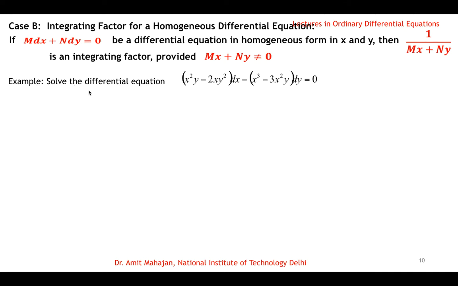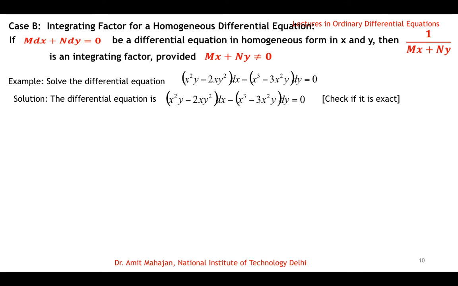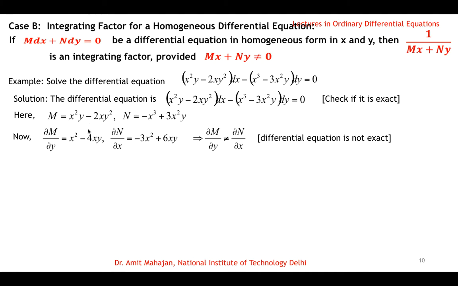Say for example, solve the differential equation x square y minus 2x y square dx minus x cube minus 3x square y dy is equal to 0. So if we are given a differential equation like this, m dx plus n dy is equal to 0, you first check whether it is exact or not. Okay, so for that write m and n, calculate derivative m, partial derivative y, and n derivative x. So in this case you see that this m derivative y is not equal to n derivative x, so differential equation is not exact.